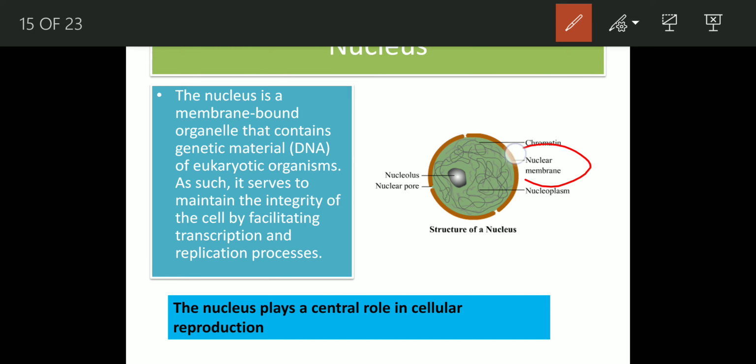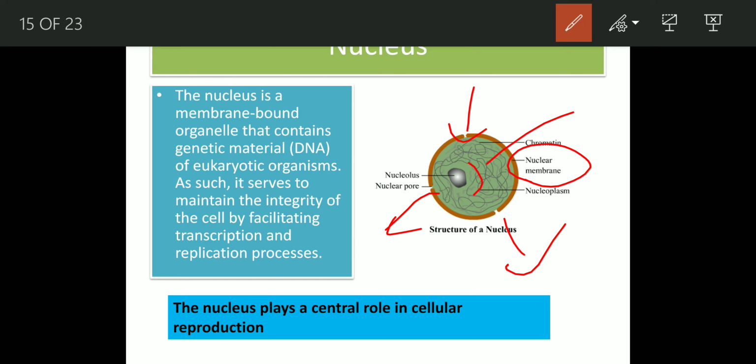The nuclear membrane encloses the contents of the nucleus from the cytoplasm, and there are pores in the nuclear membrane. These pores are helpful for the intake and outtake of proteins, DNA and RNA during processes. Inside the nucleus, there are chromatins, which contain the DNA.